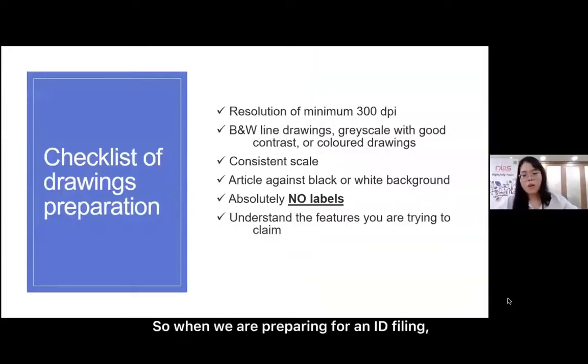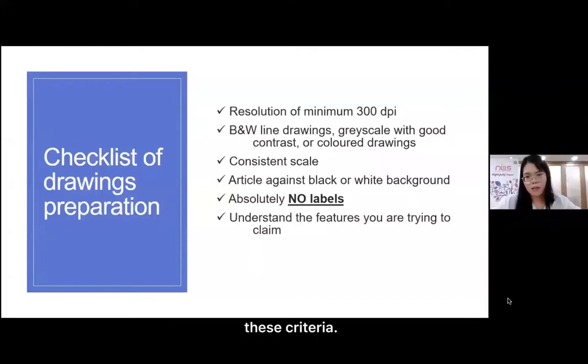So when we are preparing for an ID filing, we always ask our clients to provide us with drawings or photographs having these criteria, okay? So the pictures must be at least 300 dots per inch in resolution, because this is an industry standard for printing on any media, especially paper. So you can rest assured that your drawings or photographs will come out clear and crisp.